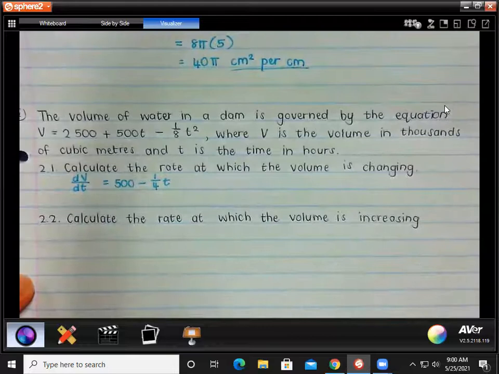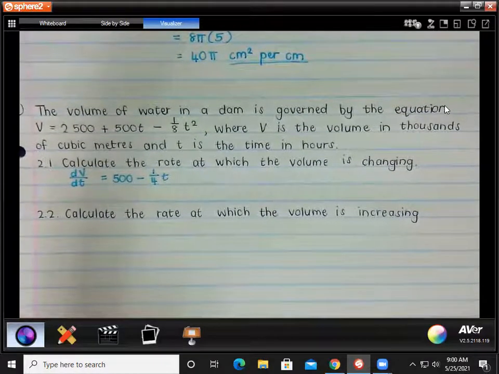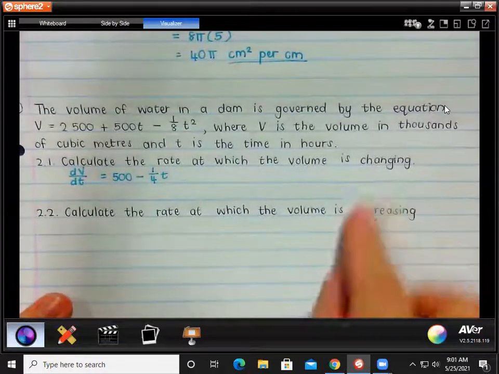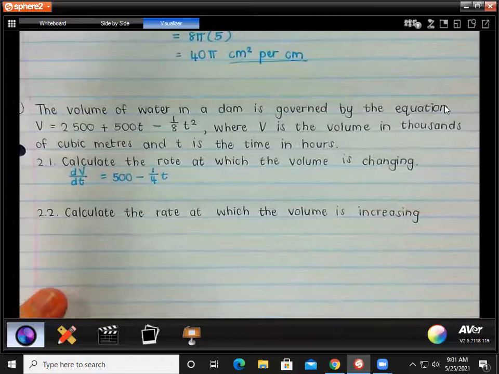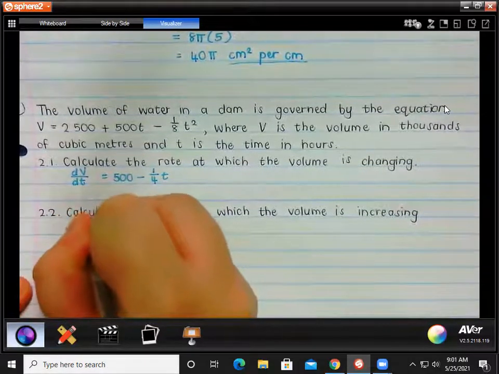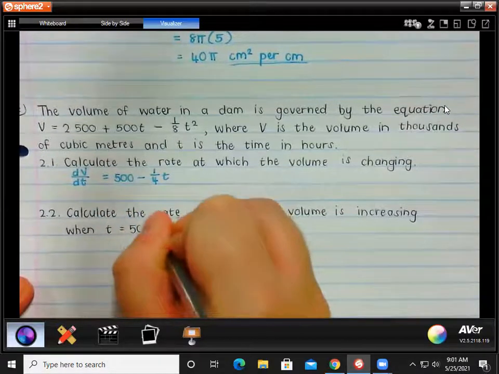And guys, whether they say increasing or decreasing doesn't really matter, all right, because it's still changing. If something is increasing or decreasing, it's still changing. They're just being specific by saying increasing, but it won't actually change our working. And then when T is equal to 500 hours.